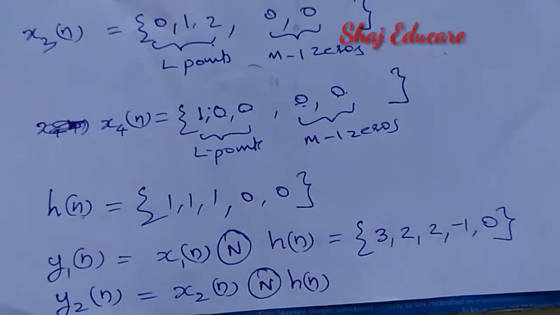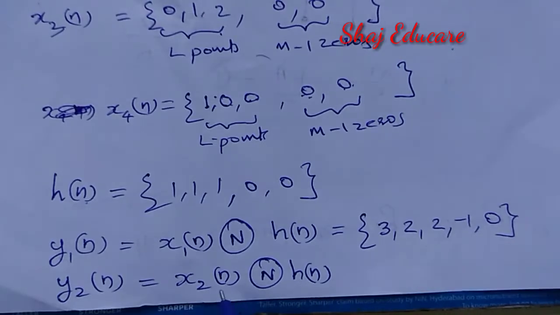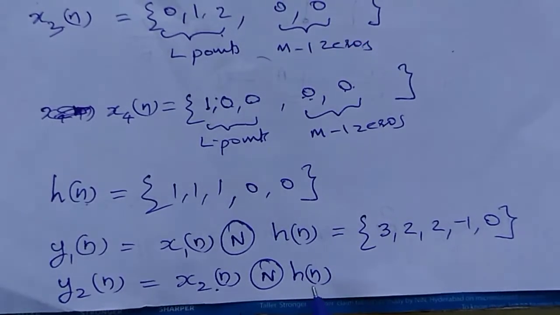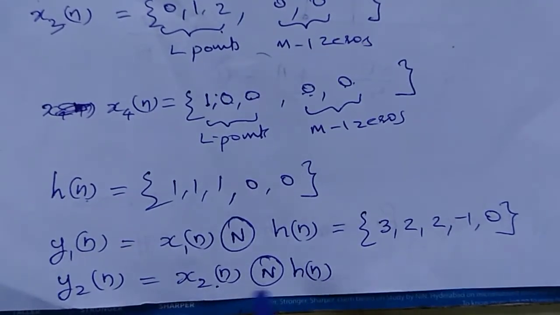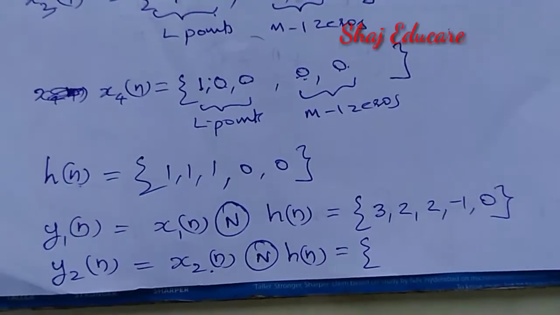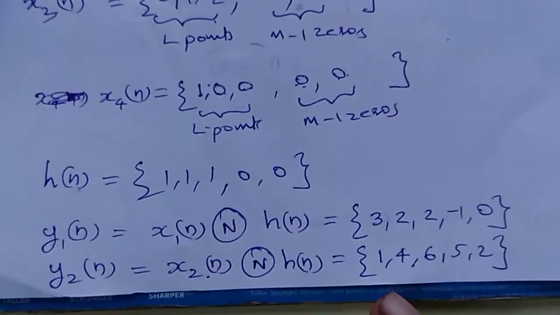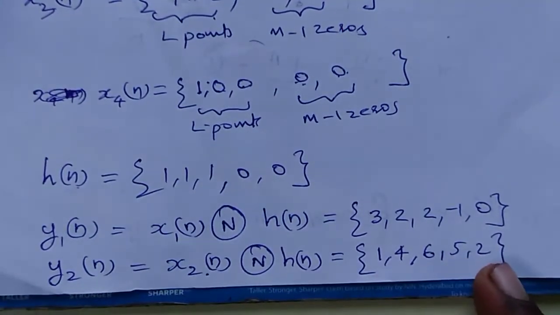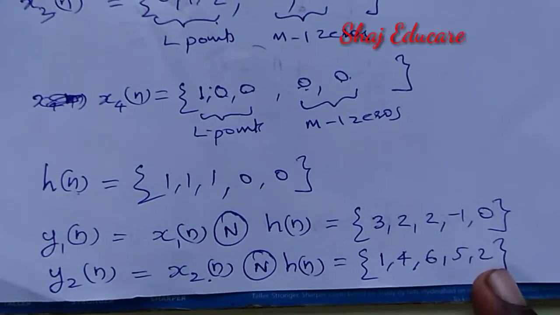Now perform circular convolution between x2 of n and h of n to obtain y2 of n. Again, I'm not showing the detailed steps. The result will be 1, 4, 6, 5, 2. Please refer to my previous videos.